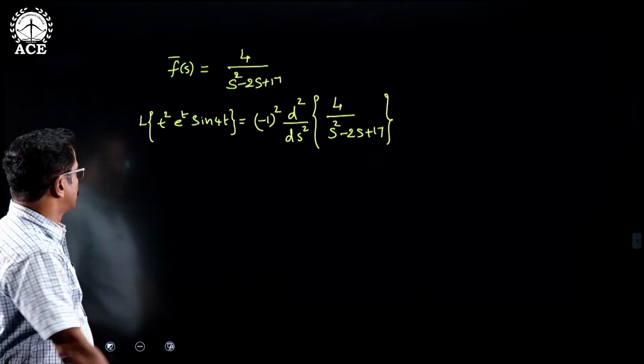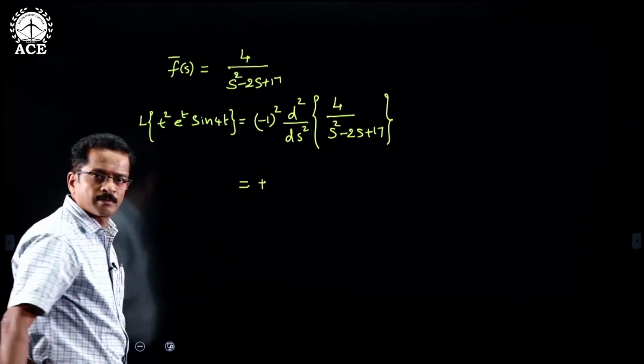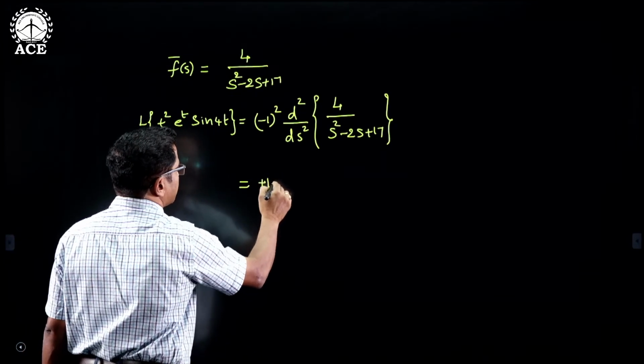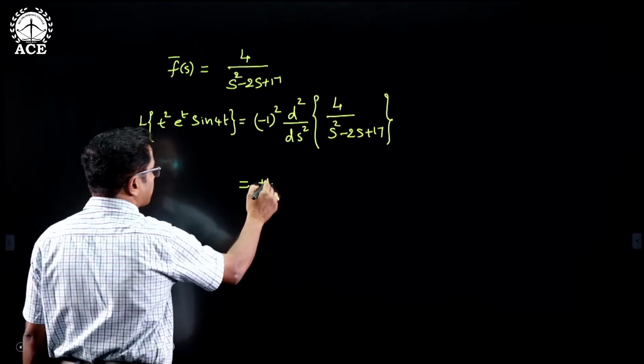Which is equal to minus 1 whole square, which is plus 1, into d by ds of the function. You can neglect writing this plus 1.